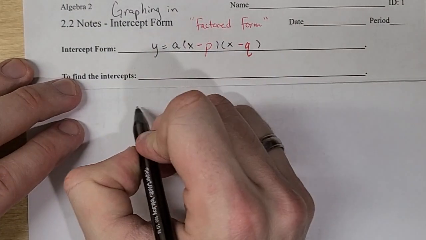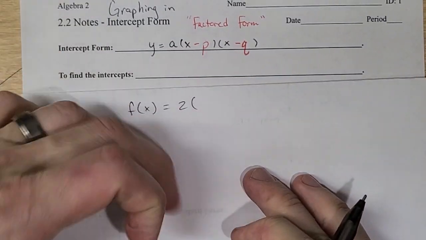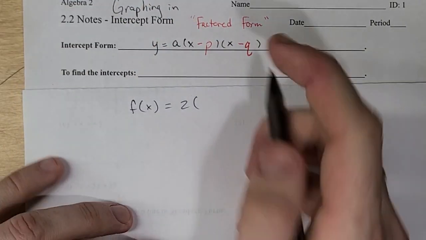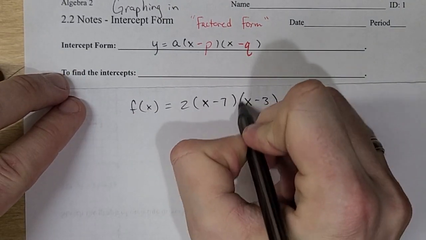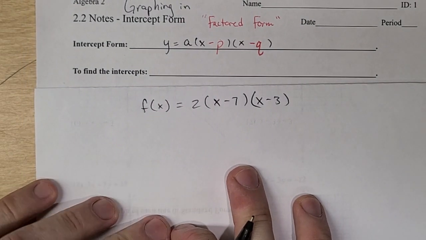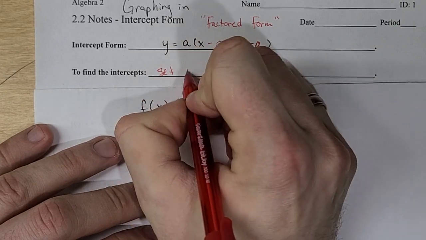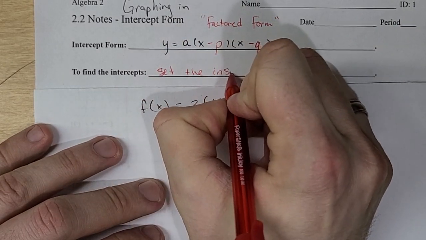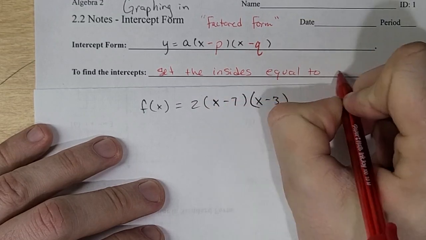Now again, we are looking at f of x equals 2 times, what was this? x minus 7, x minus 3. And we are going to start by finding the intercepts. Now to find the intercepts, here's what you need to do. You set the insides equal to 0.